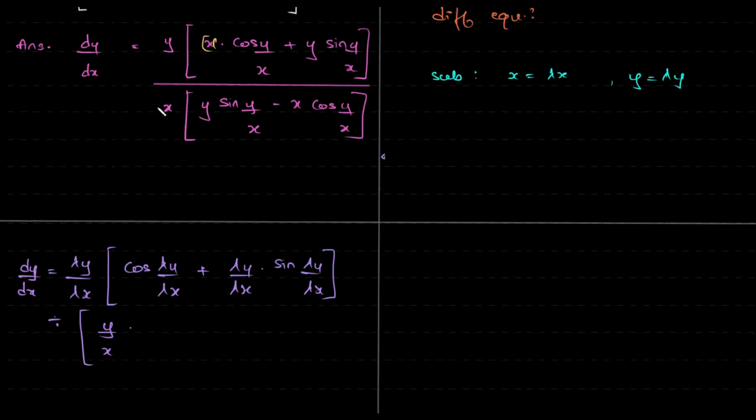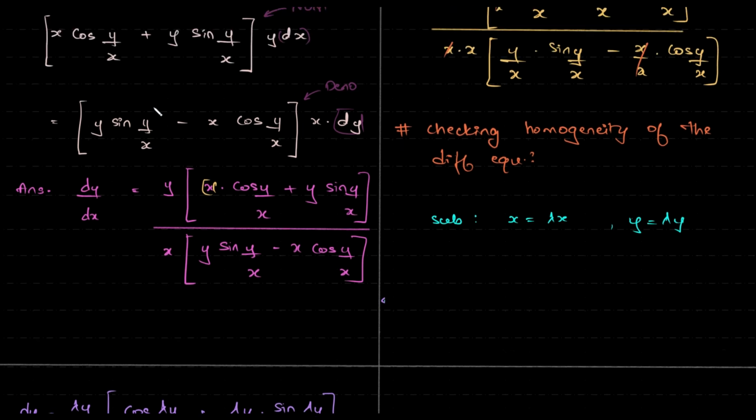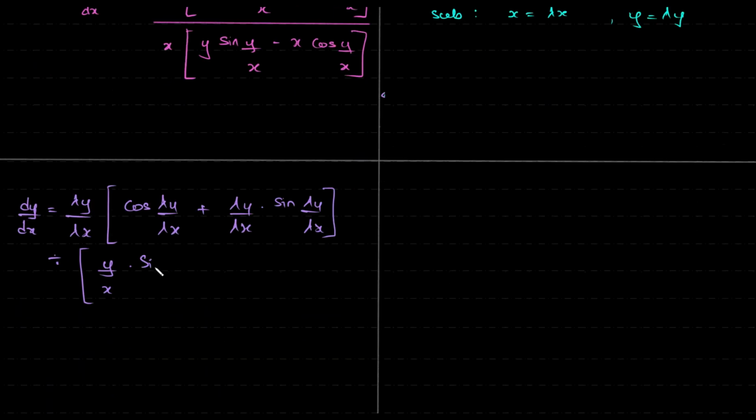I think this is sine y by x. Okay, so this would be sine of lambda y by lambda x. Again, here also lambda and a lambda minus cos of lambda y by lambda x.